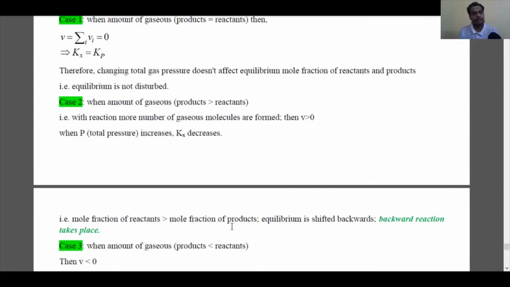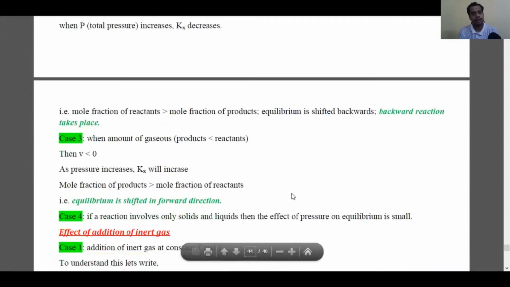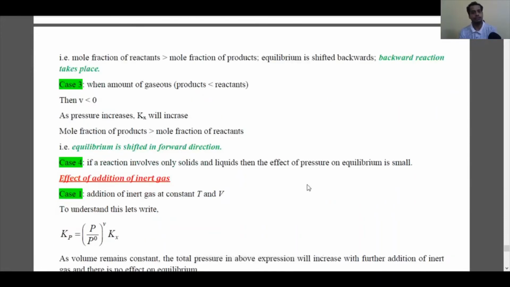So that is case 2. Now case 3, when the number of moles of gaseous products is less than the number of moles of gaseous reactants. Under that condition v will be negative.